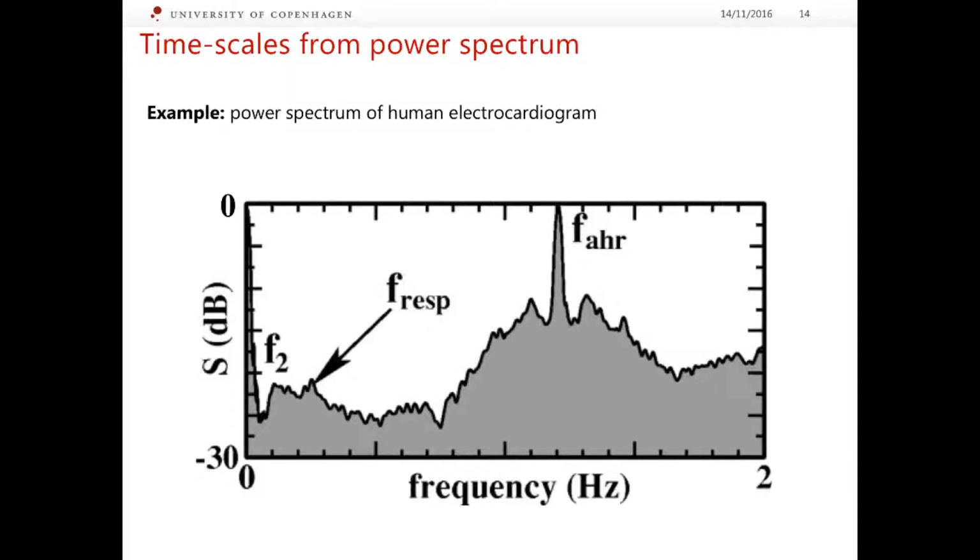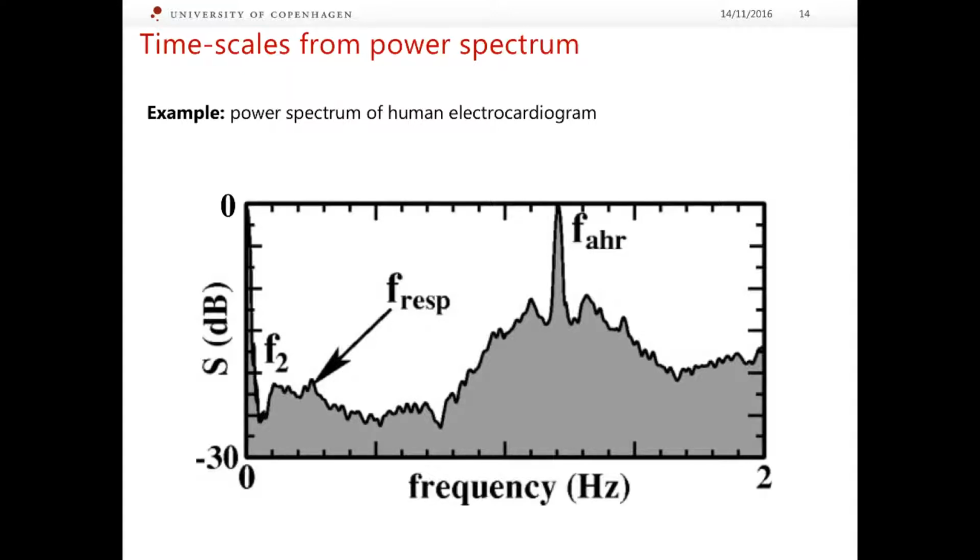The third time scale has central frequency denoted as f2 and can have several physiological interpretations which we do not discuss here. Note that around the main peak there are peaks at the so-called combination frequencies, which represent the sum and the difference of the main frequencies. Such peaks are quite common and indicate that there is active nonlinear interaction between the sub-processes with different time scales within the given process.